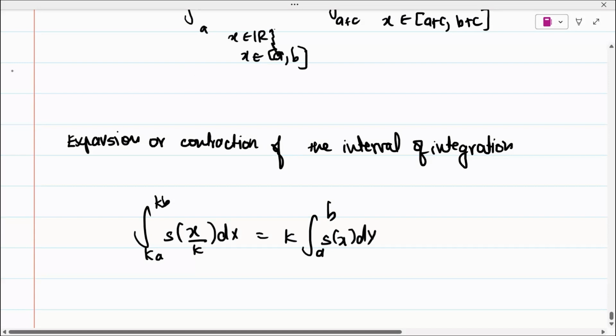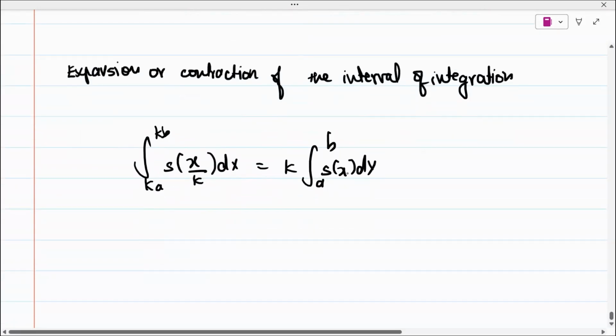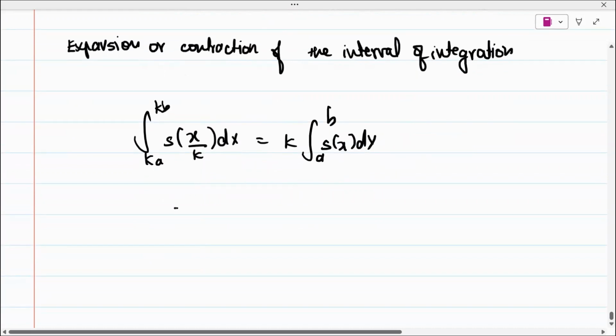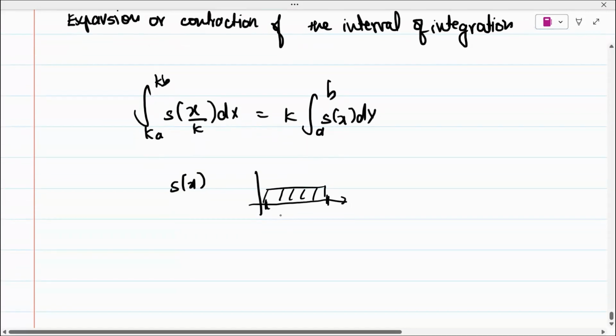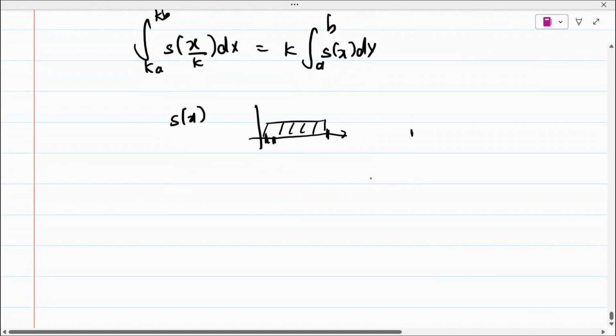Intuitively, what this means is you have this function, and now we have, let's say, twice this and twice this, and the area of that. So you can prove that this longer area is k times that.